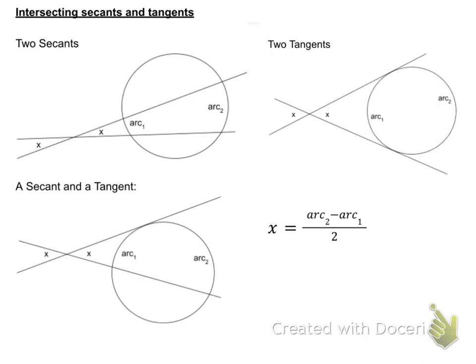So maybe I don't want to remember this one as always arc 2 minus arc 1. Maybe I want to use it as x equals big arc minus little arc over 2. Just some way for helping us remember what they are.